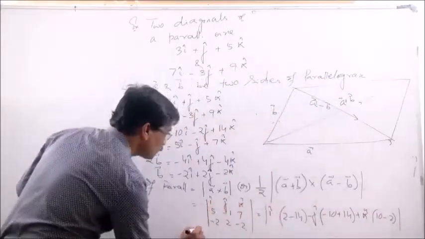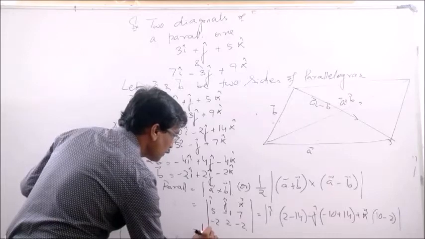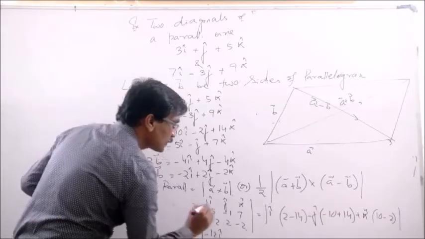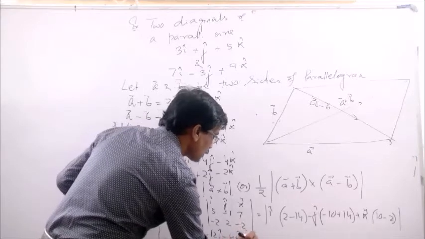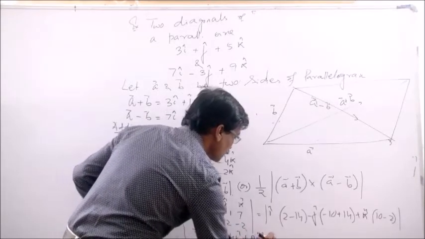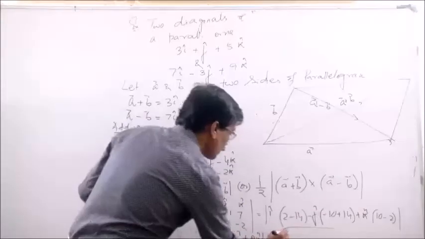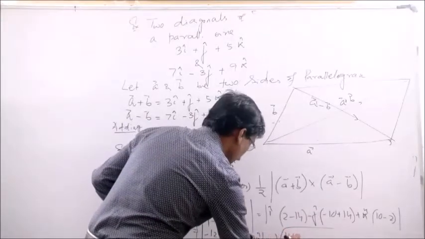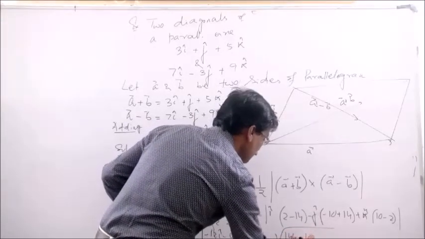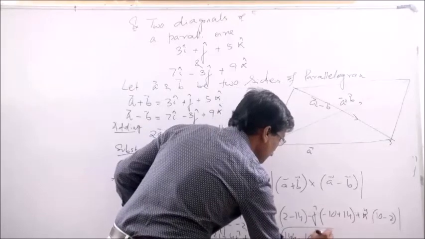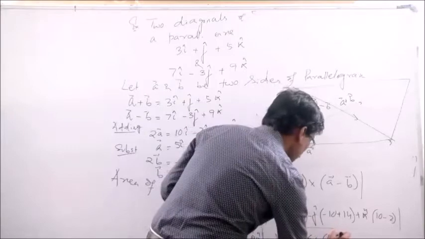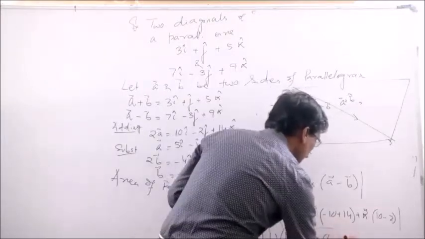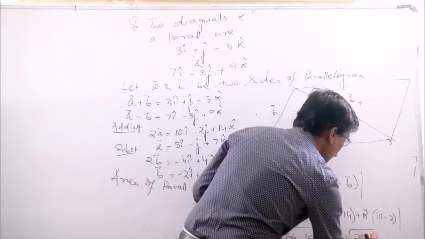So that is equal to magnitude of -12 i cap minus 4 j cap plus 8 k cap, which is equal to root over of 12 square is 144 plus 4 square is 16 plus 8 square is 64. So which is equal to root 224 square units.